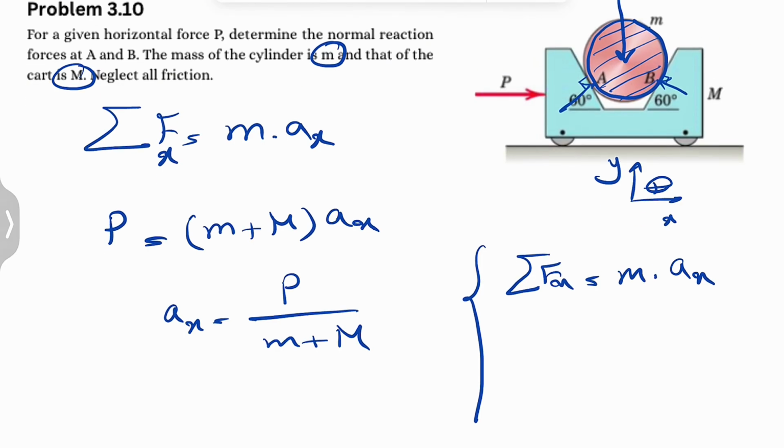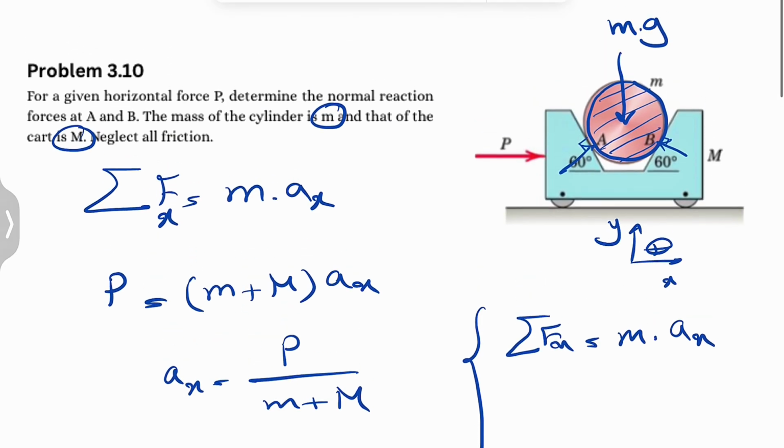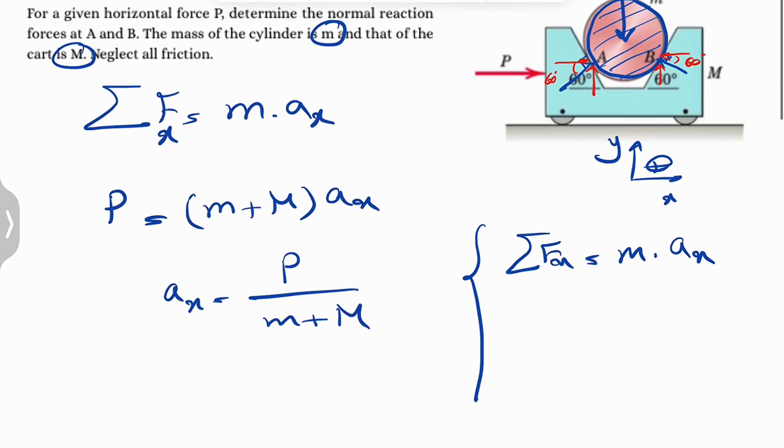So we have the x component of these normal forces, which are these two. We can resolve these forces, knowing that this angle is 60 degrees, and the same in here too, and the x component would be the cosine of 60 degrees.